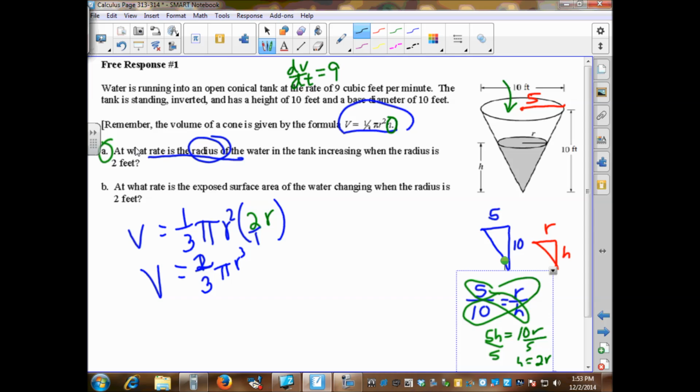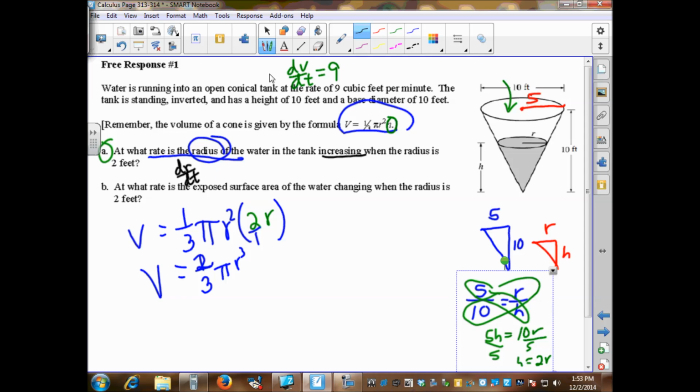Now we can do the derivatives. We're looking for the rate of change in the radius, so we are looking at dr over dt when the radius is 2. And we know this is increasing, so we know we're going to have a positive answer.